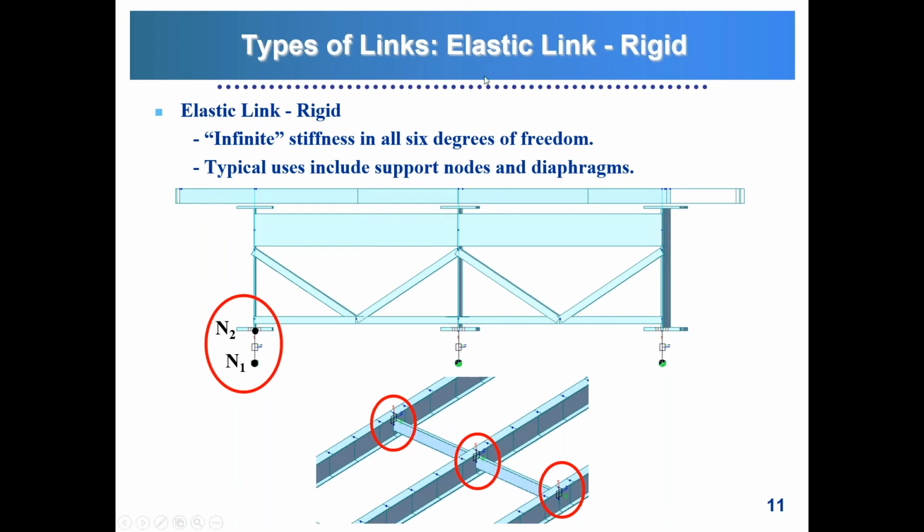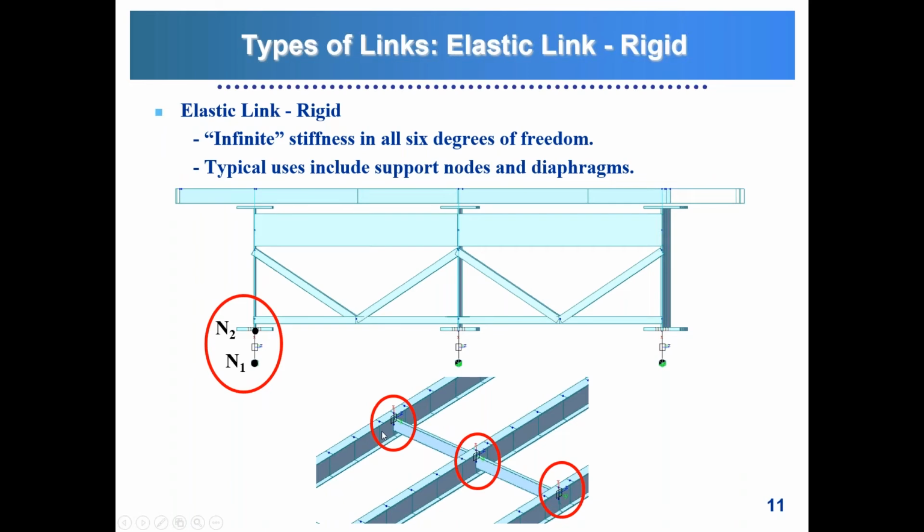Typical uses for these links include the ends of plate girders, where you link the support node to the node at the bottom of the girder. Later, I'll have a little bit more detailed discussion on the end conditions.